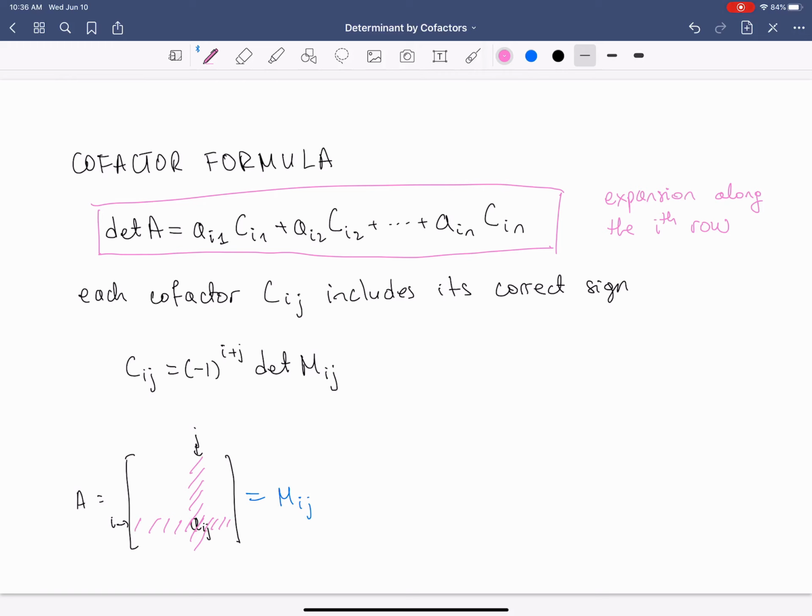So these cofactors are all of size n minus 1 by n minus 1. And this is what we call a recursive formula, because to compute the determinant of M_ij, I could use cofactor expansion yet again. So let me write the cofactor formula with expansion along the jth column.